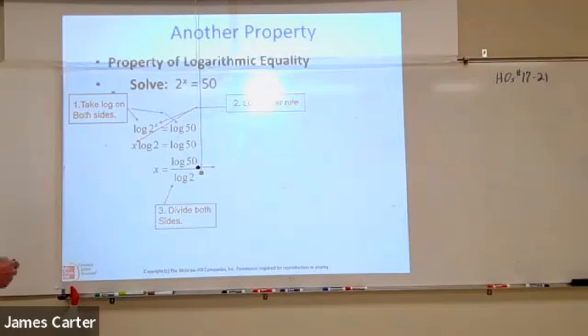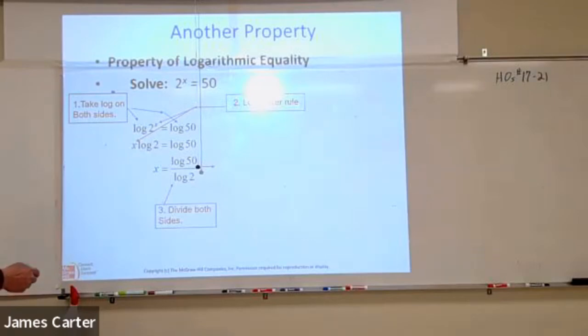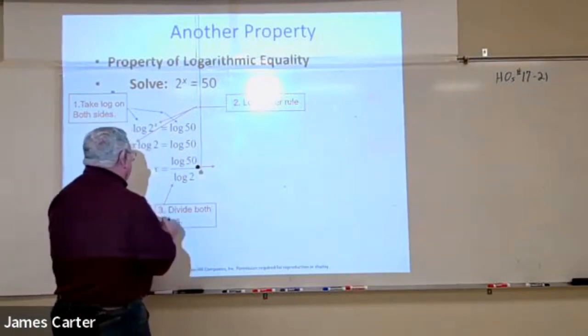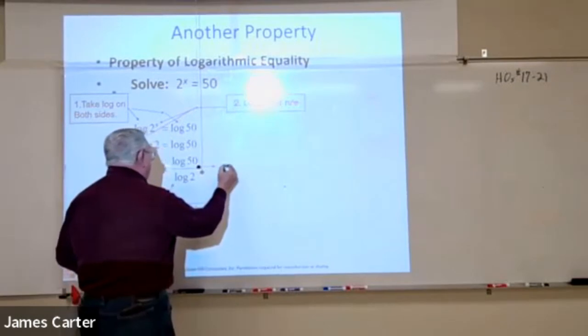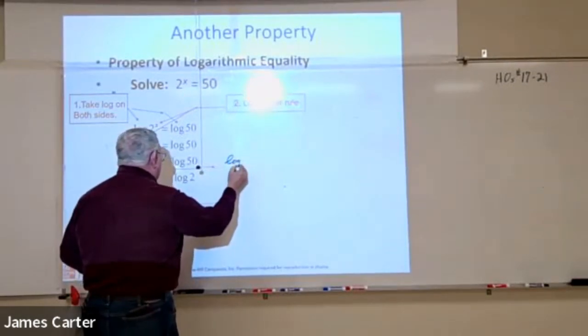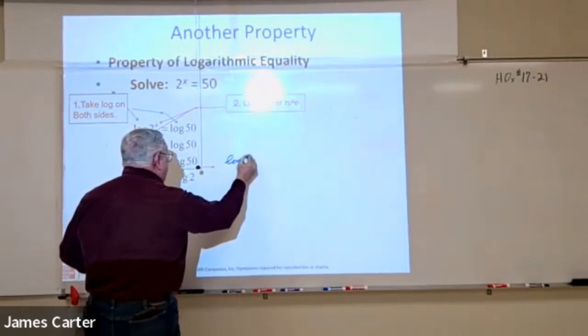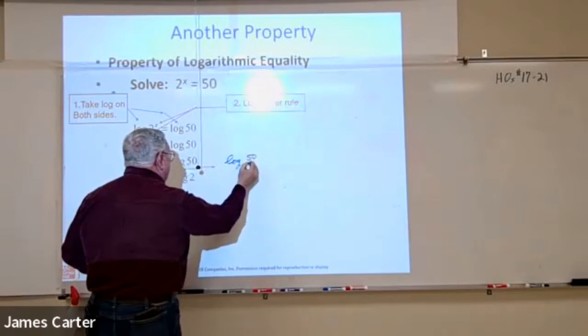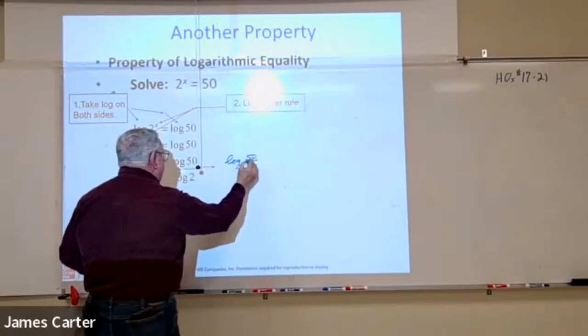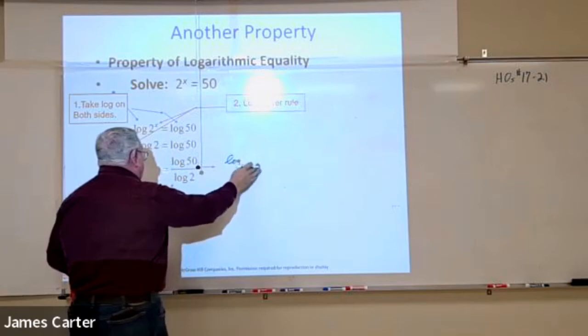If you reach a dead end, then you take log of both sides. Bring the power out front. Divide both sides by log of 2. Okay. And by the way, this thing could be log of 50 over, oops, I said that wrong.